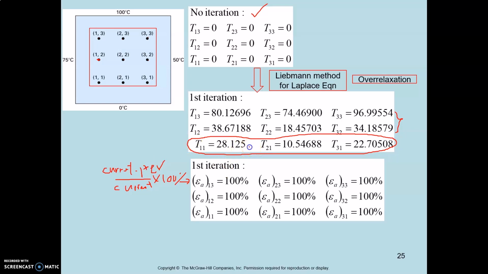The current estimation now is 28.125, and the previous one is 0 here, divided by 28.